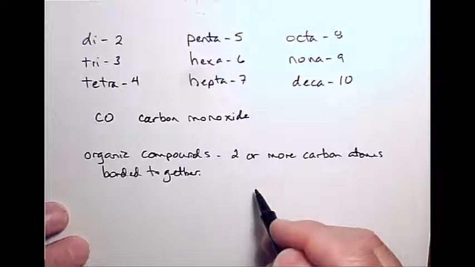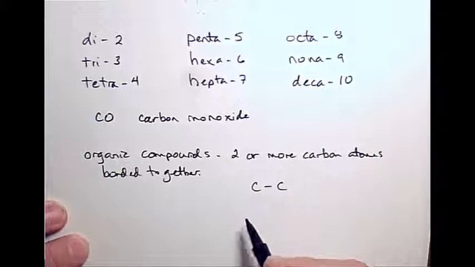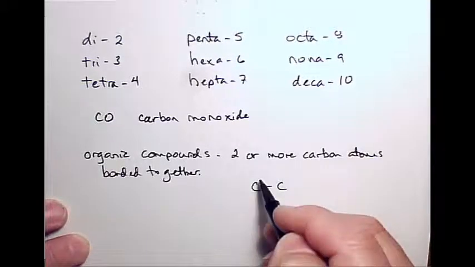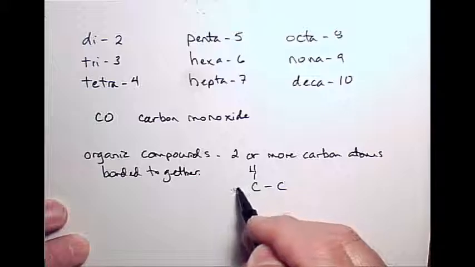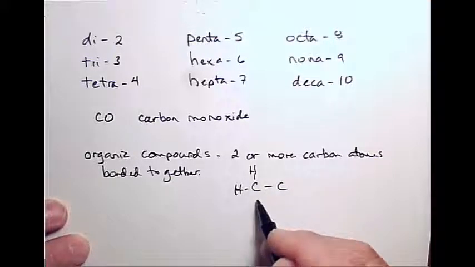There are a couple of major exceptions. All right. If I were to bond just two carbon atoms together, that would make an organic compound. Of course, I need other things on there too.